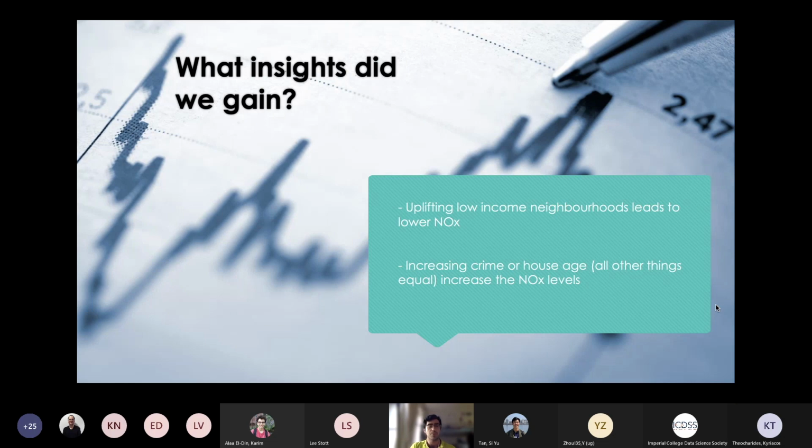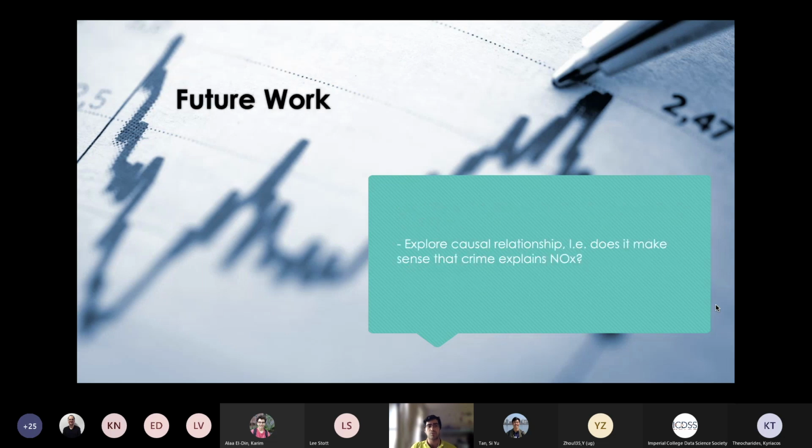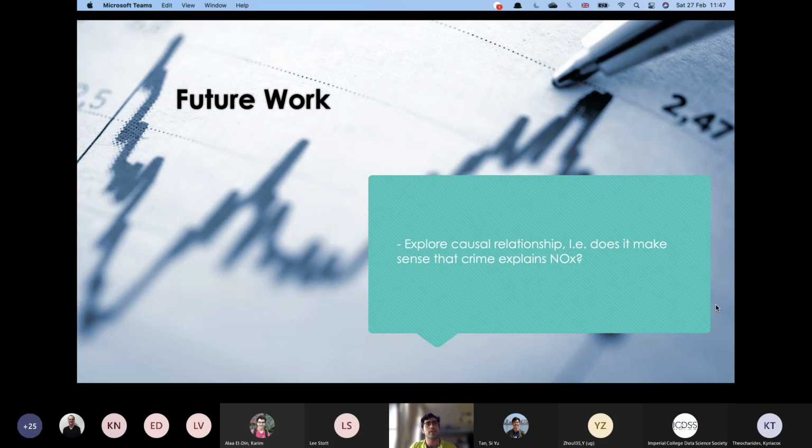Now, this was a bit surprising to us because those don't seem like things that would necessarily cause that change, which is why, next slide please, one of our recommendations for future work is to explore the causal relationship between those two socioeconomic variables. So would changing crime in an area, for instance, cause a decrease in NOx levels, or is it more a correlative behavior?